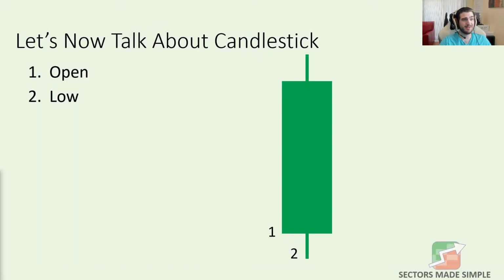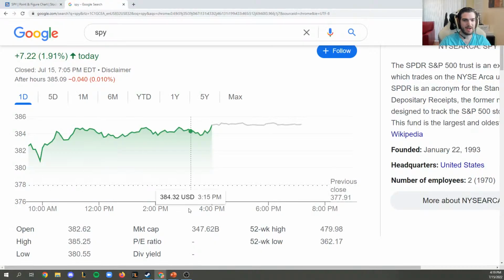If you're following along at home, you might have a good inkling about what number 3 is going to be. Well, apparently that's 4. There. 3 is going to be the high. This is the highest price that it got to in the day. So going back to our SPY example, the high for the day was 385.25.